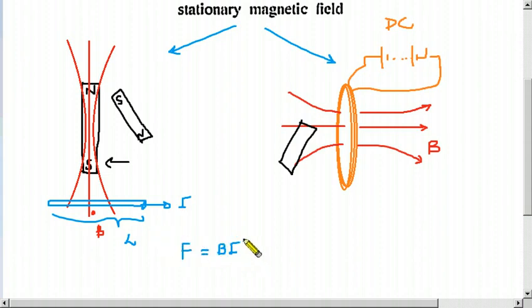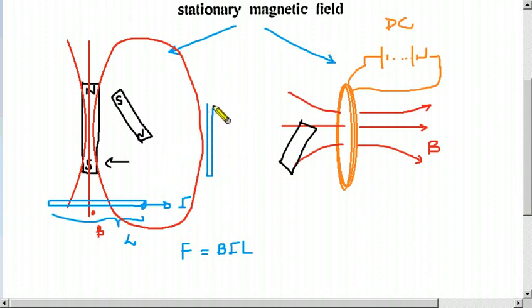If B is perpendicular to the current. If we have placed the current carrying wire parallel like this, the magnetic field is circular like this here. So if we place the wire parallel, then there will be no force actually, even though there is a current and a field intensity B, since they are parallel to each other.